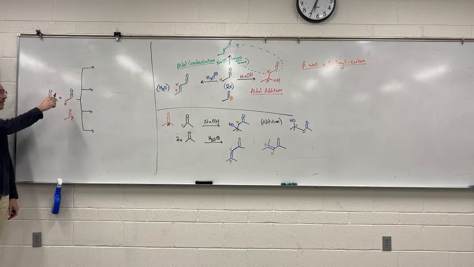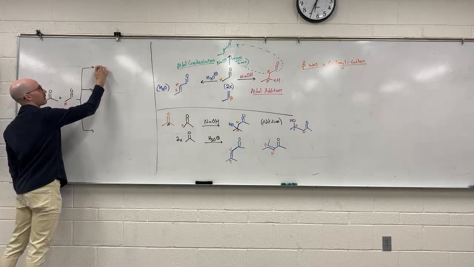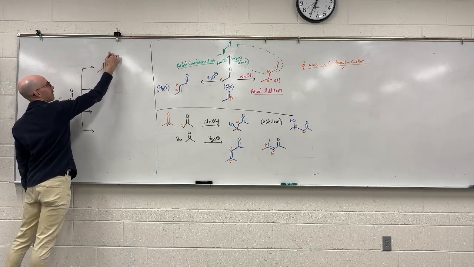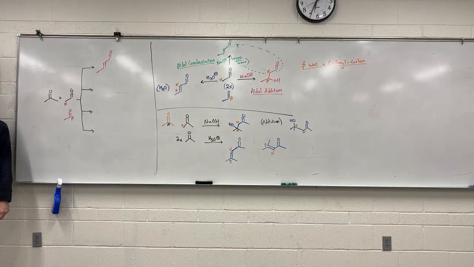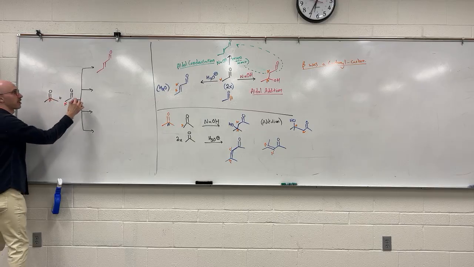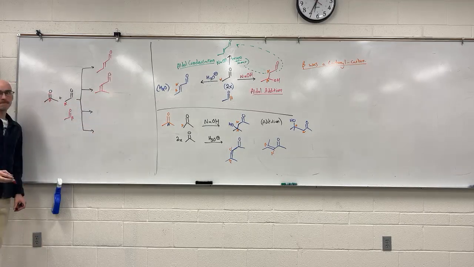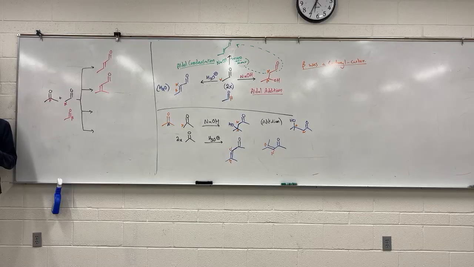I might have the alpha of acetaldehyde attack the carbonyl of another acetaldehyde. But my beta carbon could have also come from acetone. So I have these two competing products that form from the acetaldehyde as the nucleophile.